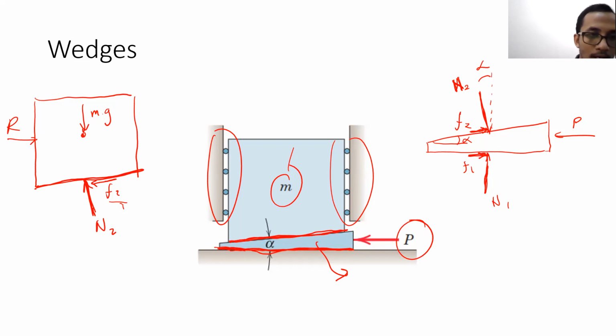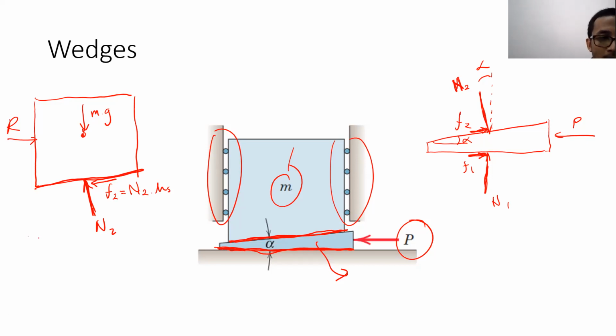So the friction force F2 is equal to N2 multiplied by mu S. So the number of unknowns is only 2, R and N2.